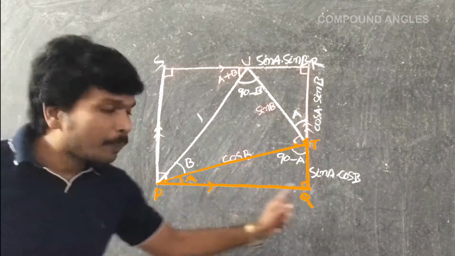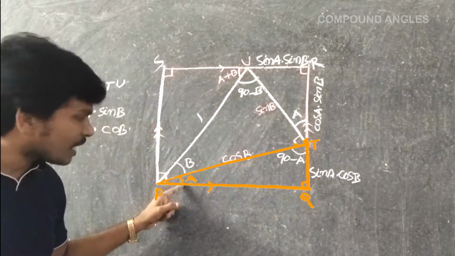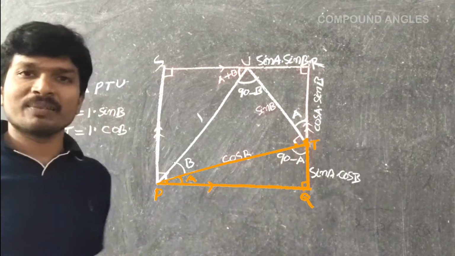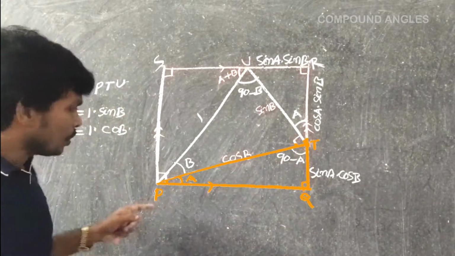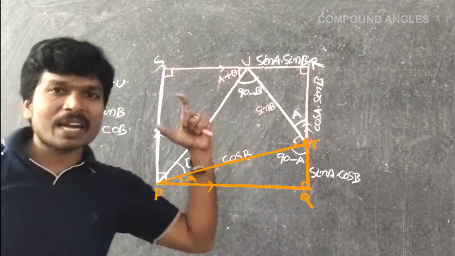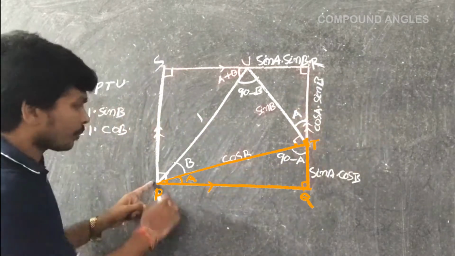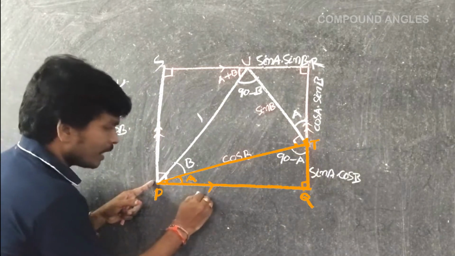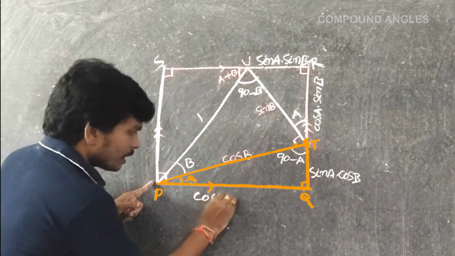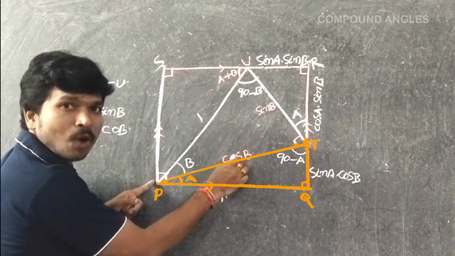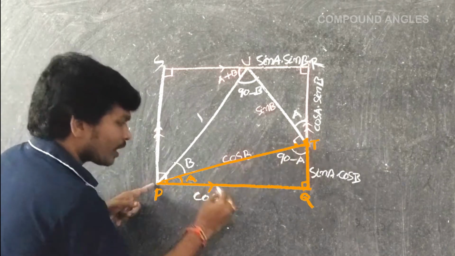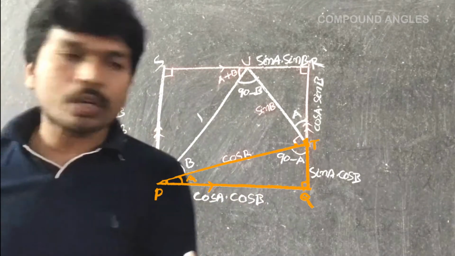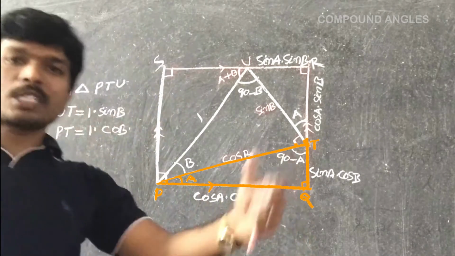Now you observe PQ is the adjacent side of angle A in triangle PQT. So can you say adjacent side PQ is equal to cos A into hypotenuse. The hypotenuse is cos B. So that's why PQ is equal to cos A into cos B.